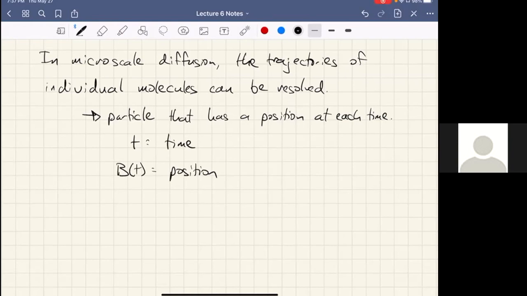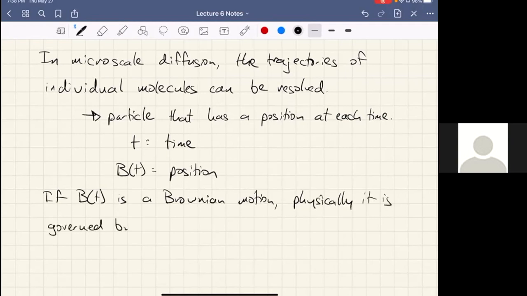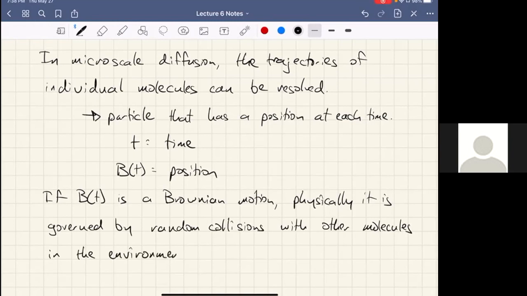If B of t is a Brownian motion, then physically it is governed by random collisions with other molecules in the environment. So this is where Brownian motion comes from.